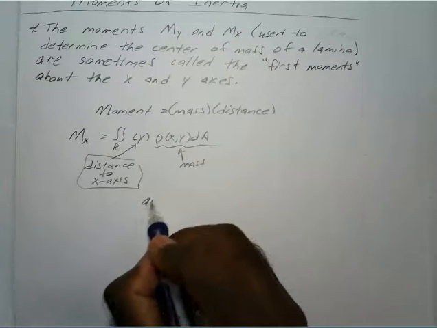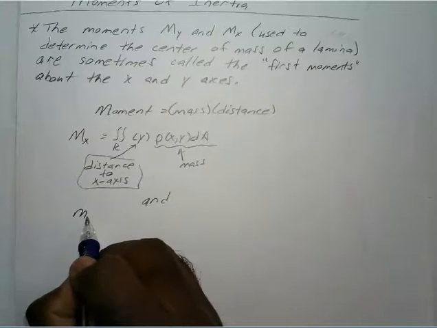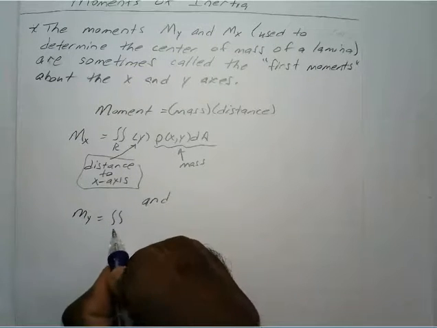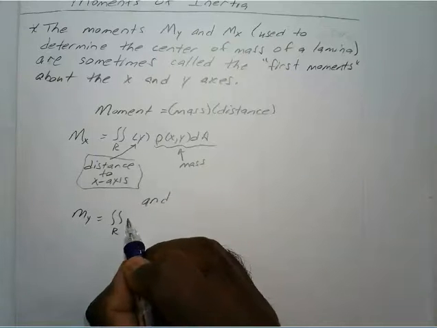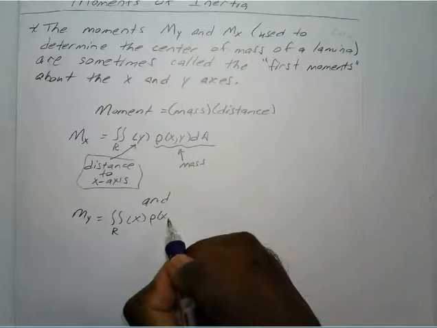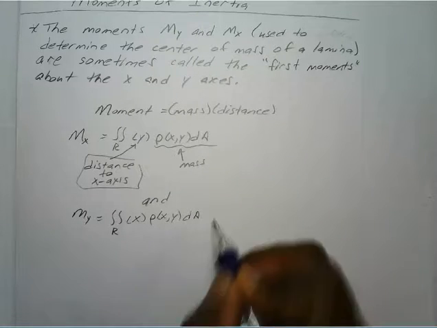Okay, and we know that the moment with respect to the y-axis is also the double integral over the region of x times rho of x y with respect to the area.